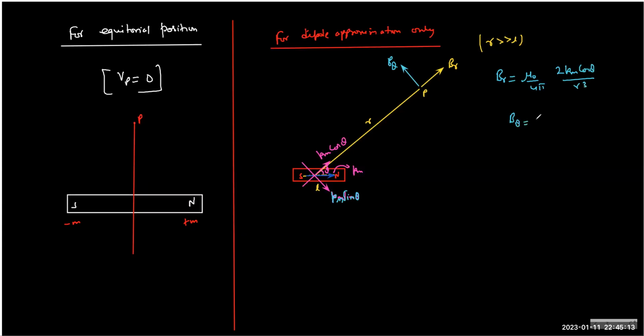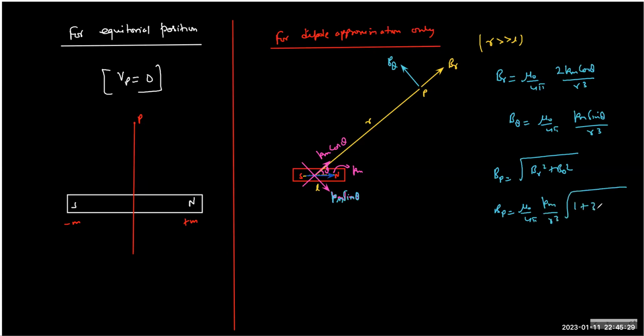B theta is mu naught by 4 pi PM sin theta by R cube. Therefore, BP equals under root of BR square plus B theta square, which is mu naught by 4 pi into PM upon R cube into under root of 1 plus 3 cos square theta. Okay, I hope this is done.